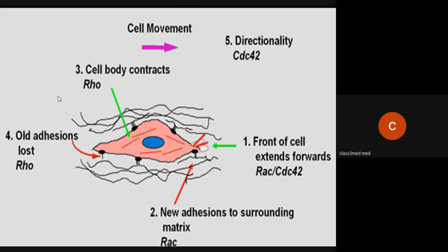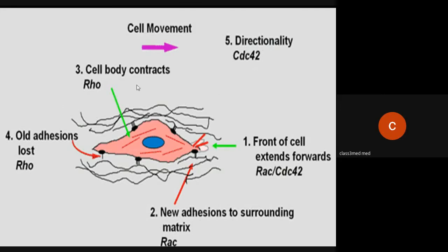All these movements require the expression of certain genes. The first step requires the expression of RAC and CDC42 genes. The second step requires the expression of the RAC gene. Determination of the direction of movement requires these genes.